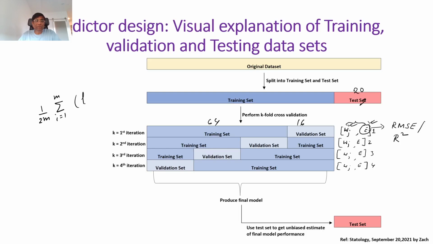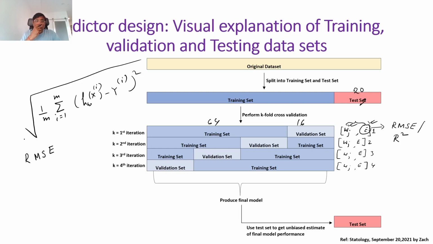Actually error function, no? This is nothing but error function. And if you do this, this is called root mean square error function. You can consider two or not two, but it hardly matters.